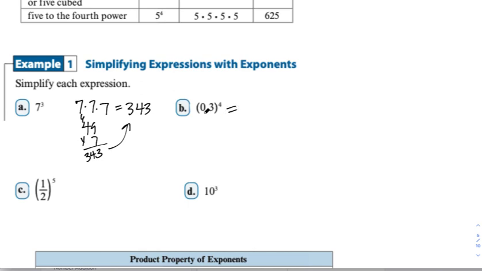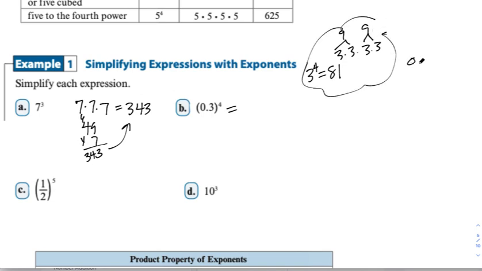All right, so over here we have 0.3 to the fourth power. I know that 3 to the fourth power is equal to 81, because that's like 3 times 3 times 3 times 3, and 3 times 3 is 9, and 3 times 3 is 9, and that's going to give me 81, right? So this is a thought bubble in the back of my mind.